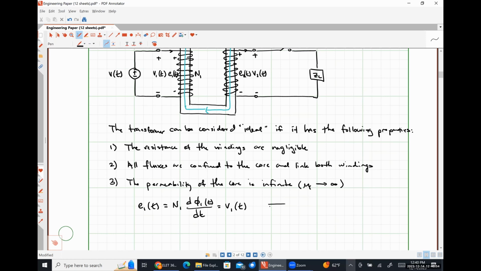So now I'm just going to do a very small amount of algebra. I'm just going to move that factor of N1 from the middle underneath the voltage V1 so that I can see V1 of t divided by N1 is equal to the derivative of phi 1 with respect to time.